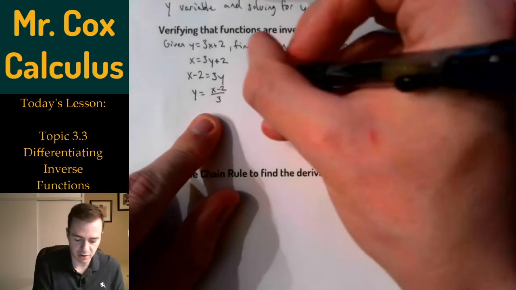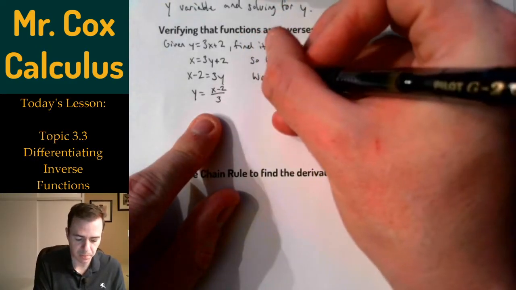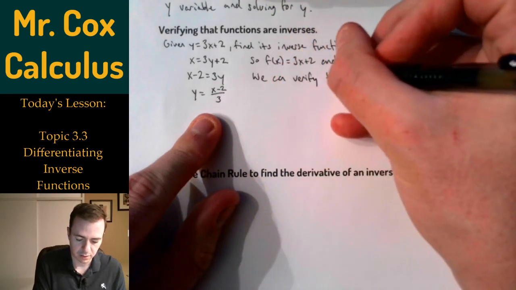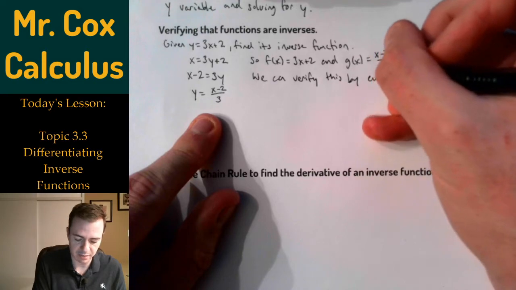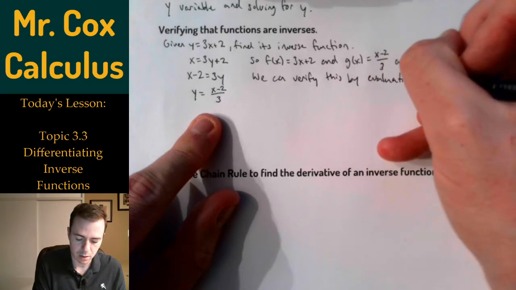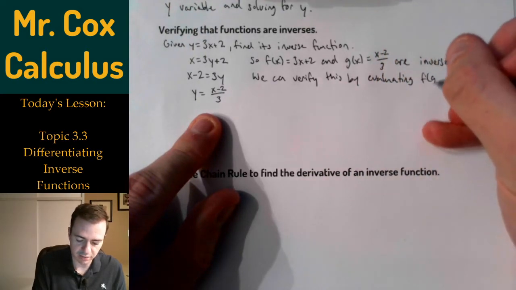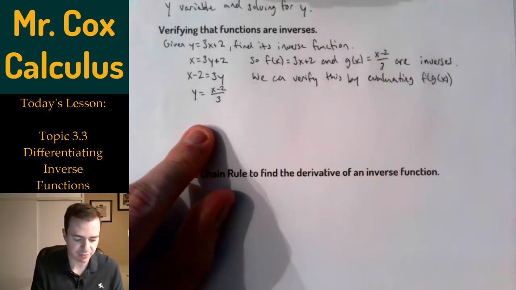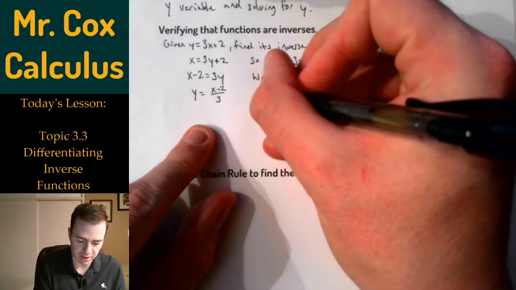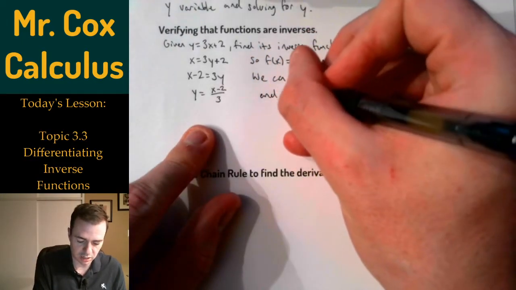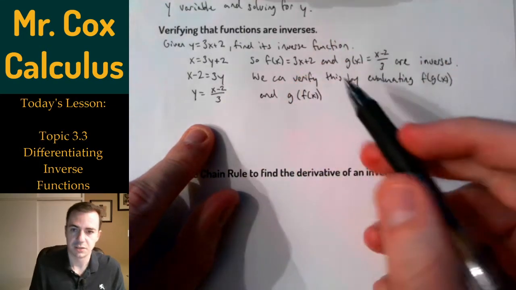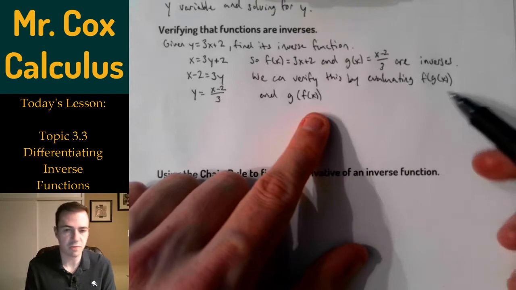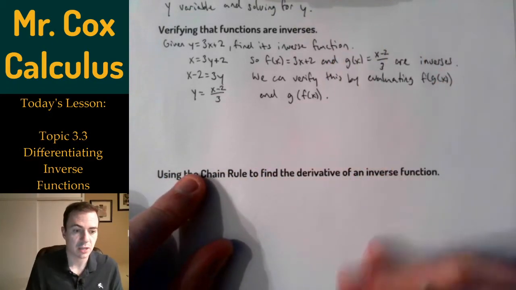And if we want to verify that, which is what we're going to do next, we can verify this statement by evaluating f of g of x, so taking g and inputting it into f, and by also evaluating g of f of x, so taking f of x and inputting it into g. If they are inverses, both of these things should come out just as x.